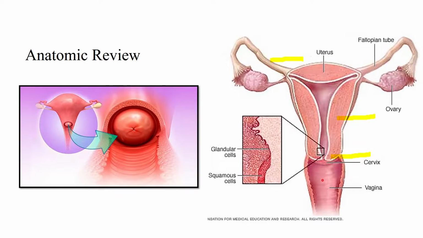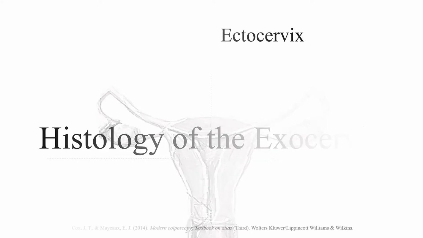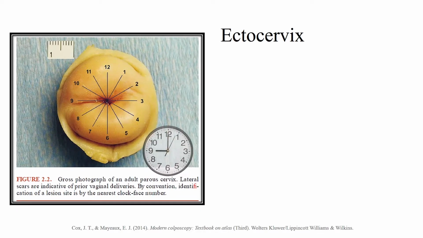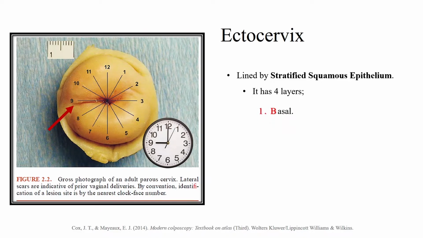Let's talk about the histology of the exocervix. The exocervix is lined by stratified squamous epithelium and it has four layers: the basal layer, the parabasal layer, the intermediate layer, and the superficial layer.